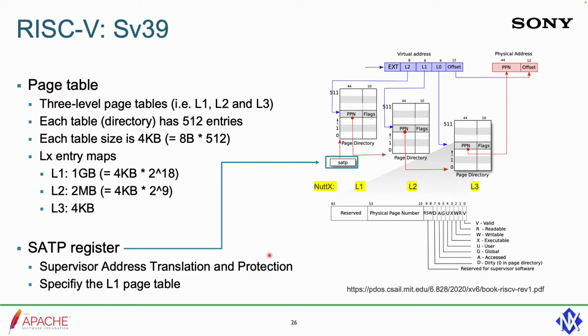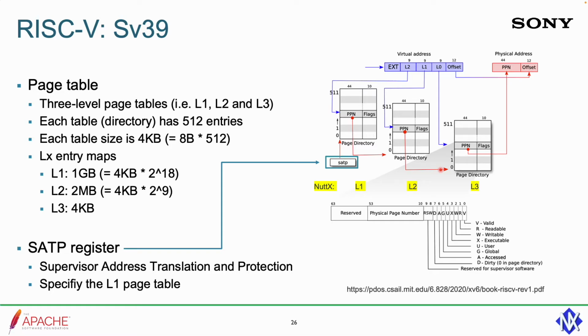As I explained in the previous slide, NuttX implements SV39 mode. This mode uses 3 level page tables that are L1, L2, L3. Each table has 512 entries, and each table size is 4 KB because an entry is 64 bits.